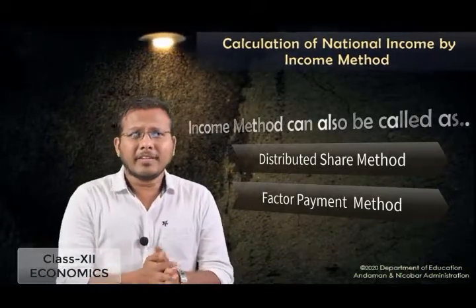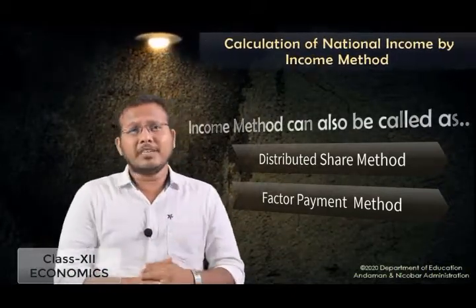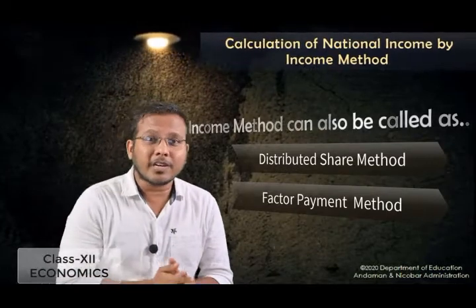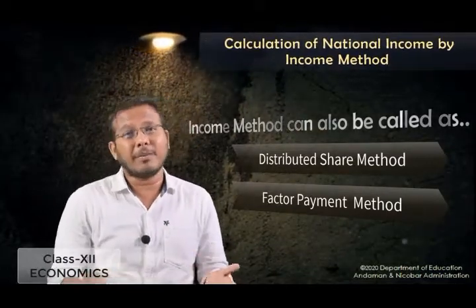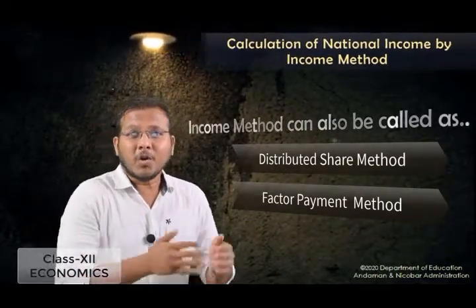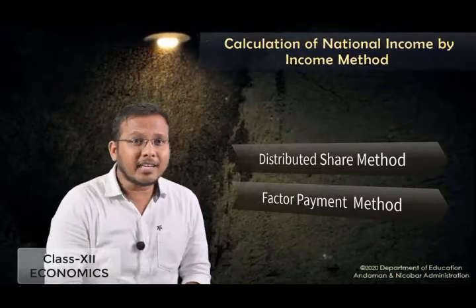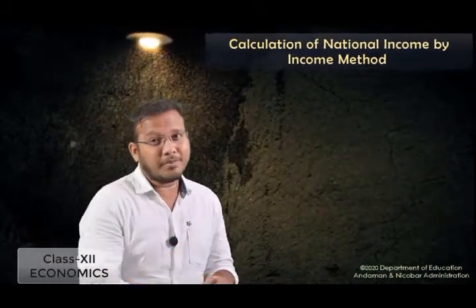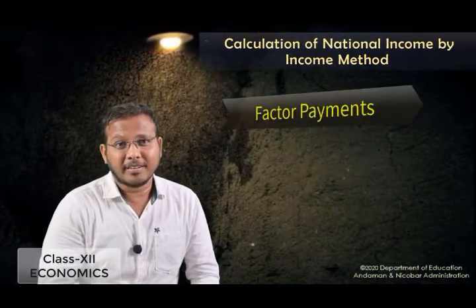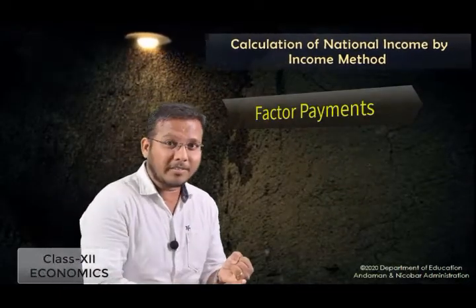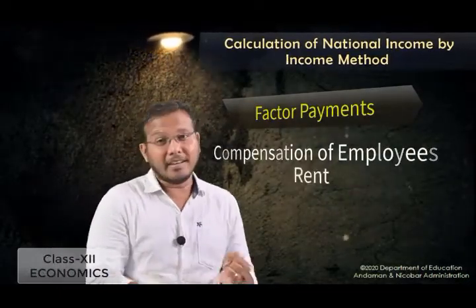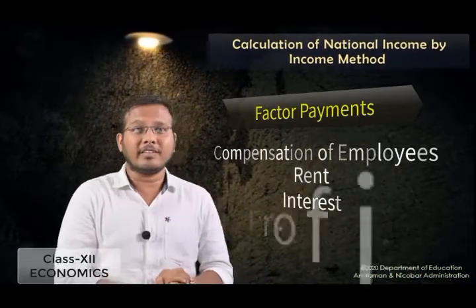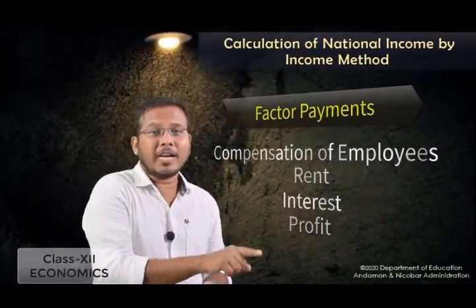Students, as I told you, the income method can also be called the distributor share method or the factor payment method. According to this method, the national income is measured in terms of the factor payment, that is the compensation of employees, rent, interest and profit to the owners of factors of production.